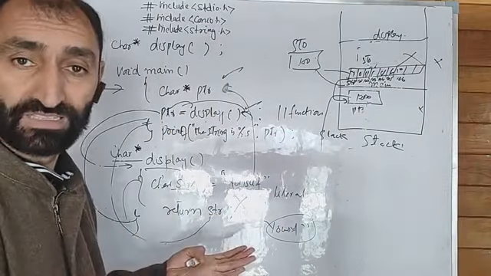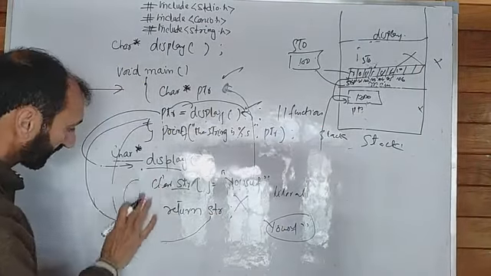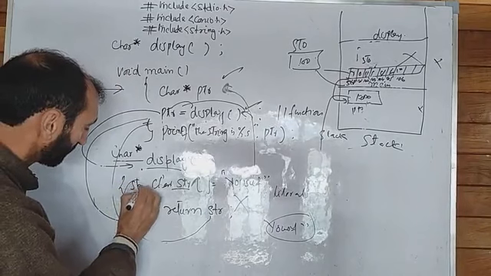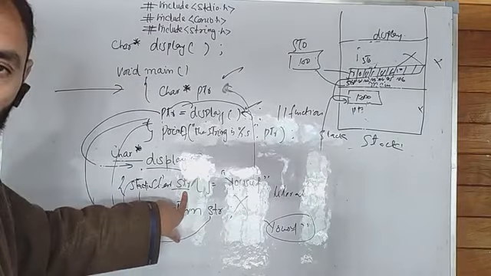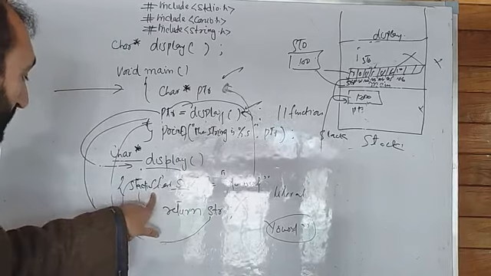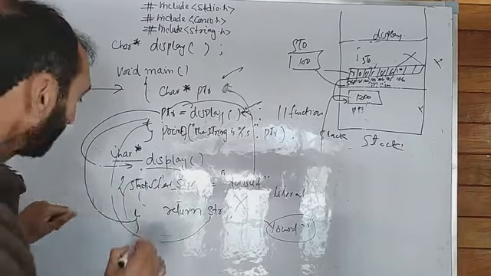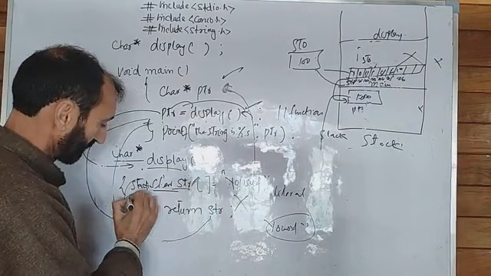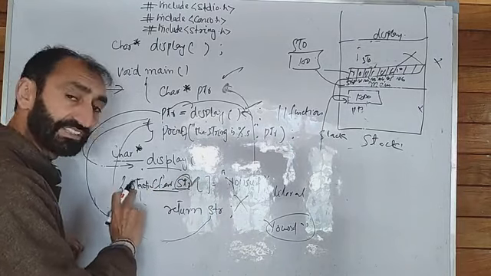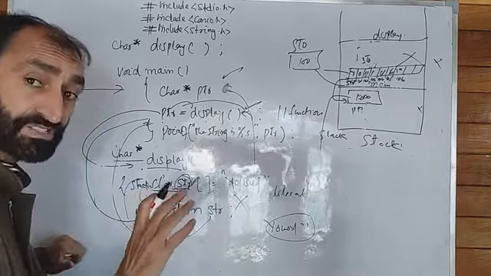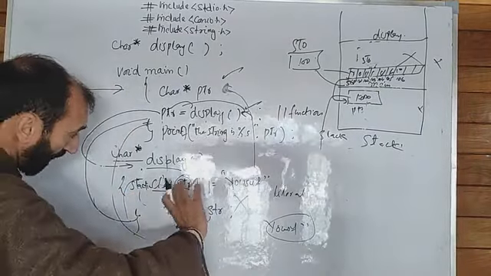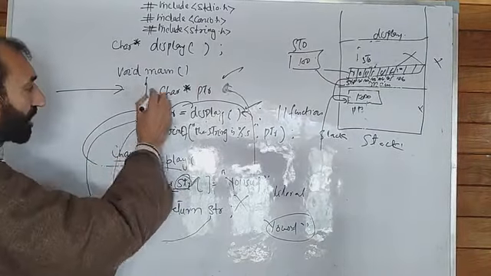But now, how can we access this? What is the possibility? Static. That is all: static char str. I have declared this character variable, this string variable, as static. Static means the scope of str is now the whole execution of the program.